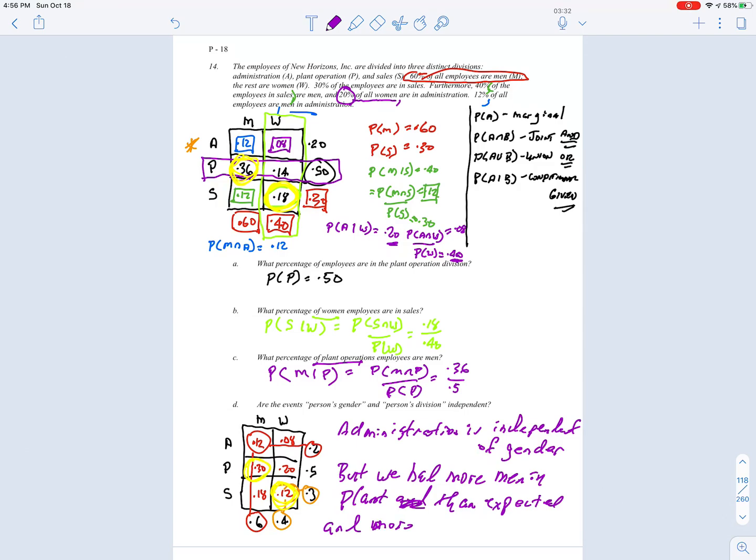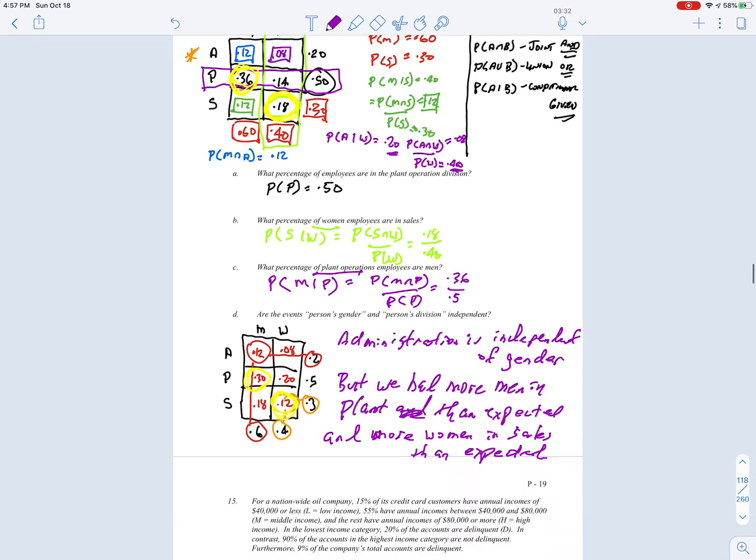And more women in sales than expected. And that's how we can write that. That implies, of course, less women in plant than we would expect and less men in sales than we expect. And so that's how we would describe the relationship between those.